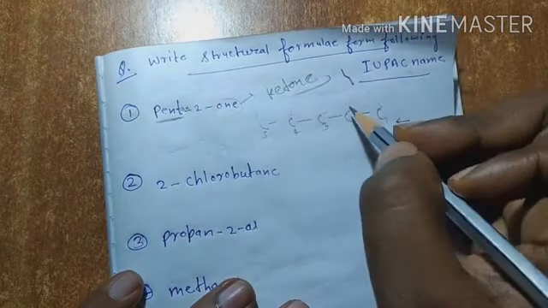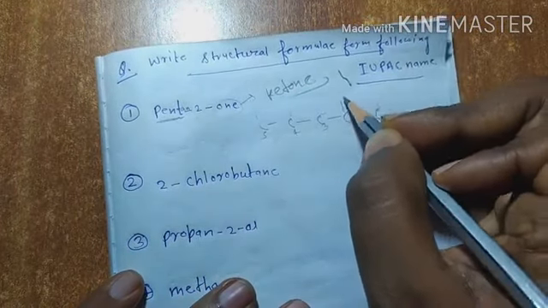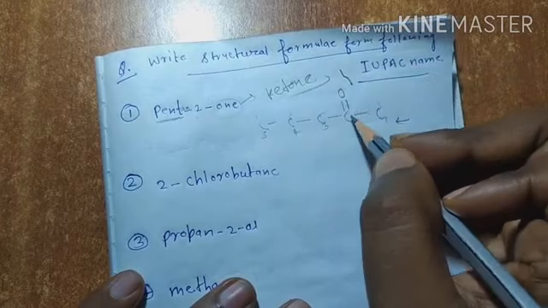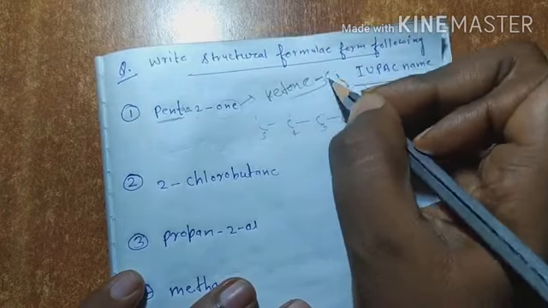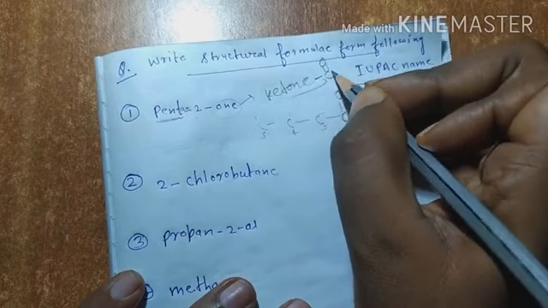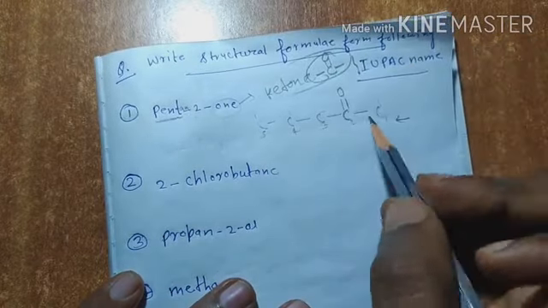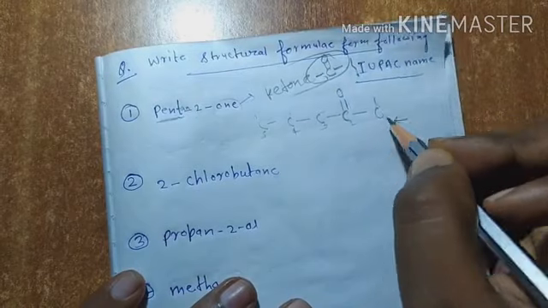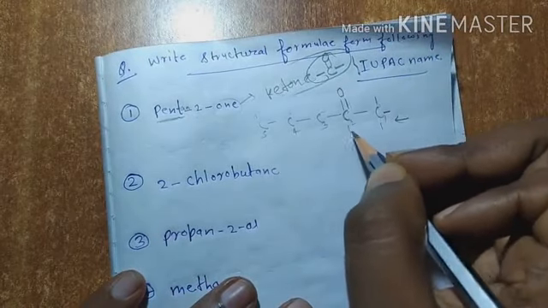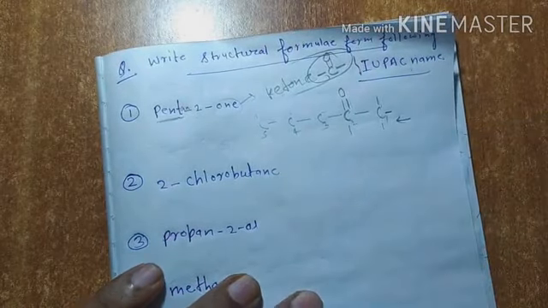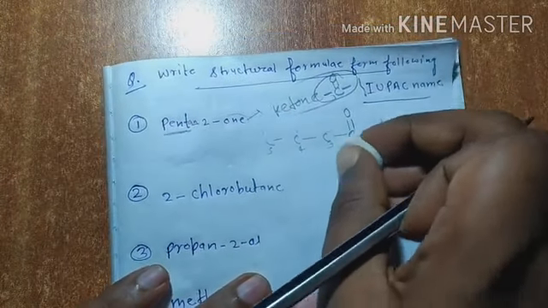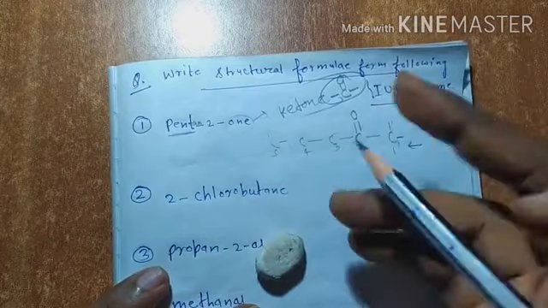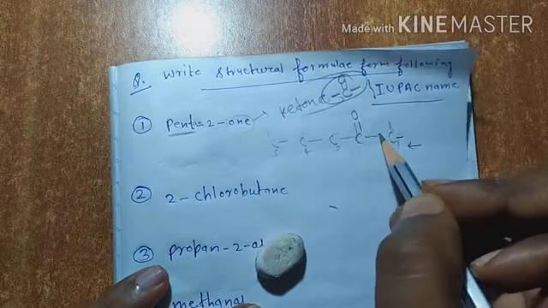So see, here will be ketone, it means CO. For ketone we use CO like this one: single bond, C, double bond, O. This is the ketone. And then on the remaining places we cannot put a hydrogen here, because the carbon has already completed its octet. You can count here 1, 2 electrons.